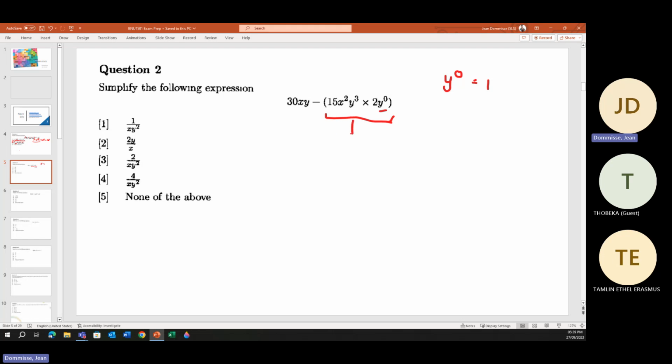So the thing here in brackets is then 15x to y to the power of 3 times 2 times 1. Okay, so then actually that becomes 30x to the power of 2y to the power of 3.